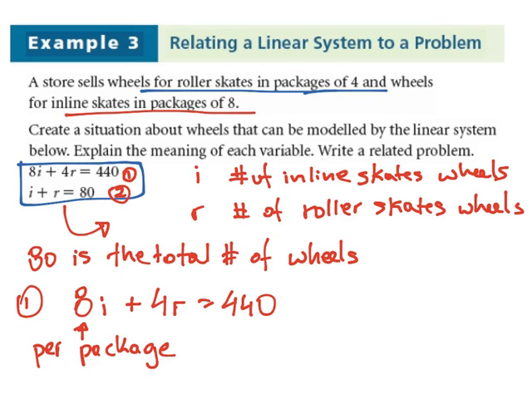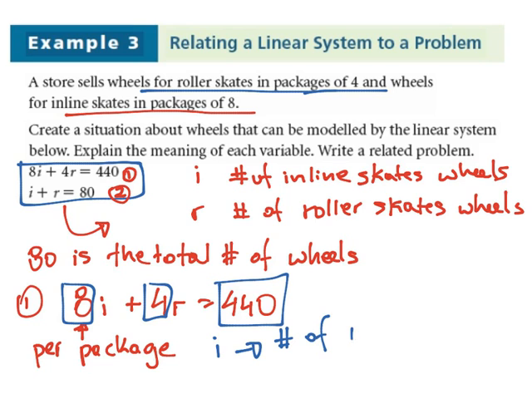So here's a little conundrum for us. What does this equation represent? Well, we know that 8 per package, 4 per package, and we have 440. So maybe I is not the number of inline skate wheels. I think it would probably be the number of packages of inline wheels.